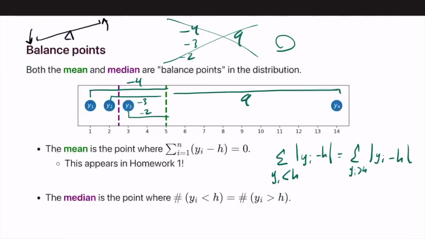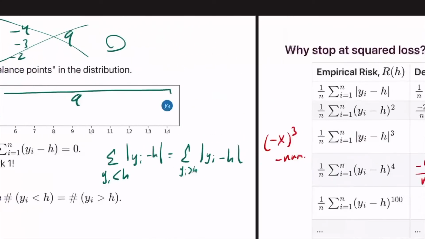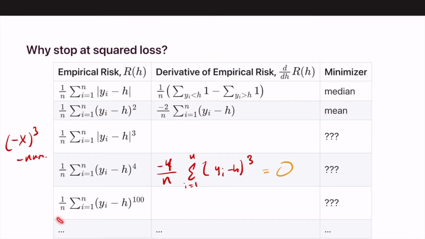So these are just two ways of trying to find some sort of balance in the data set, and then using that balance point as the H star, or what our prediction is going to be. That begs the question, there could be other, potentially better balance points. And we can explore these a little bit and try and quantify some of them.